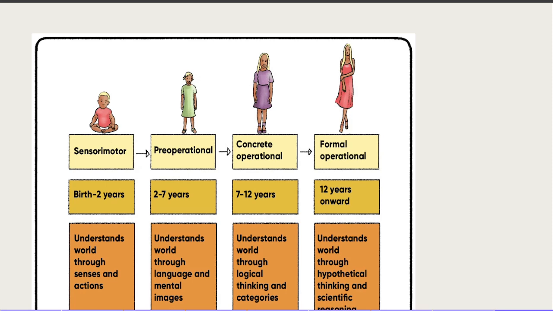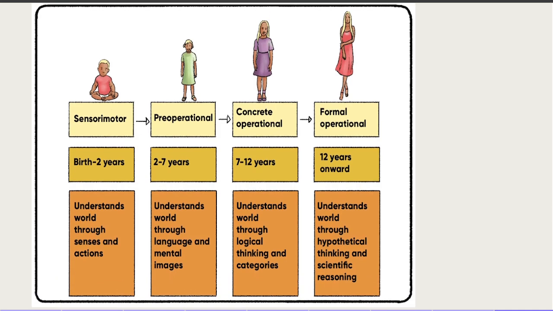Understanding the world through senses and action comes under sensorimotor. So try to understand these pictures very clearly, because when you forget the words, the image is permanently fitted in your mind. Through sensorimotor, you understand the world through senses and action. Pre-operational, 2 to 7, understands the world through language and mental images.